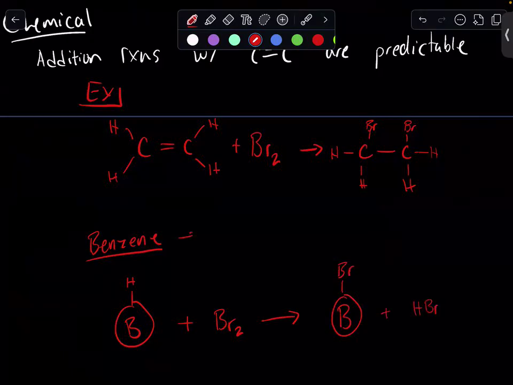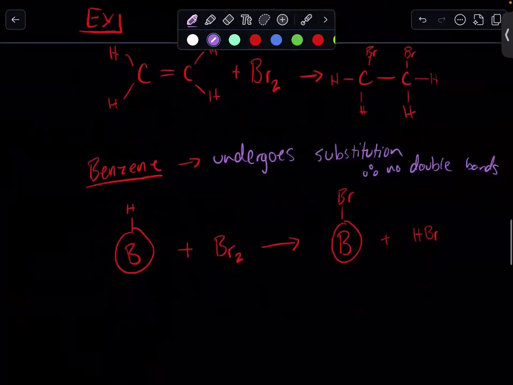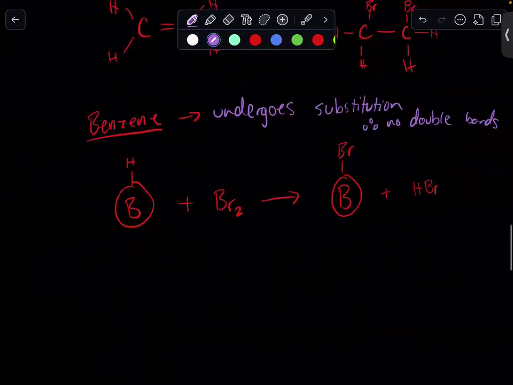So what actually happens is benzene does not undergo addition, it undergoes what we call substitution, thus providing evidence for no double bonds.